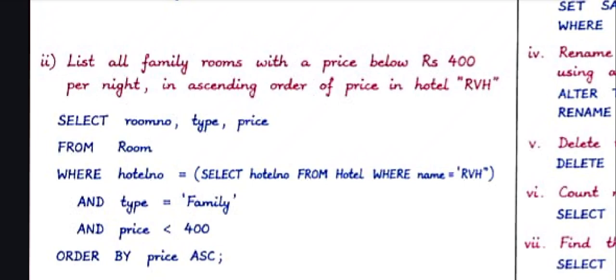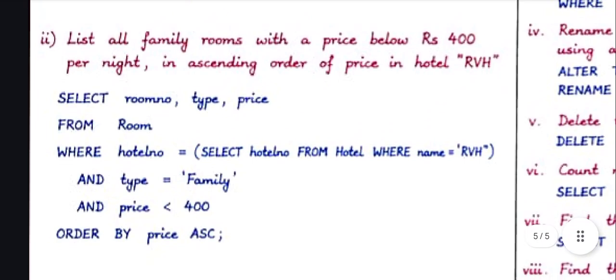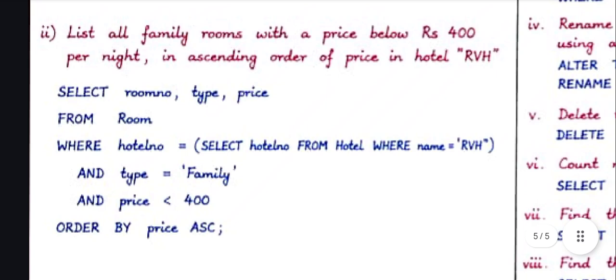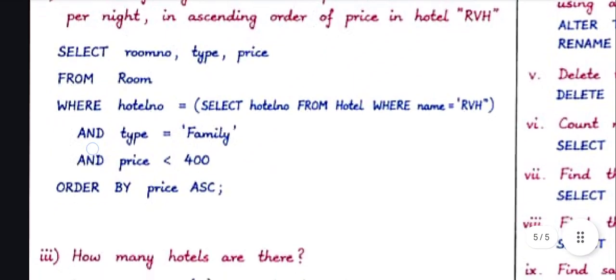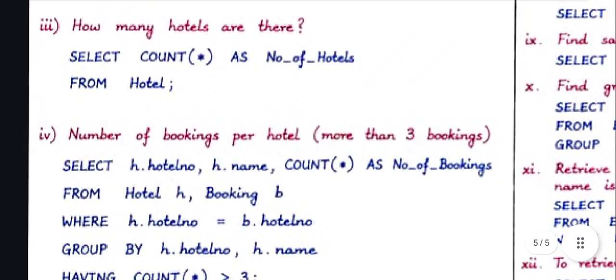We just have to select the room number, type, price from room where hotel number is equal to select hotel number from hotel where hotel name equals RVH and type equals family and price is less than 400 order by price ascending order.